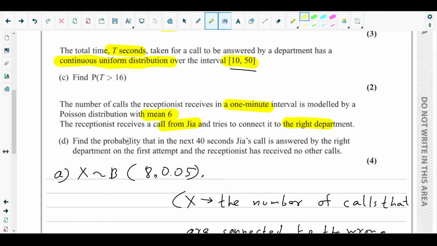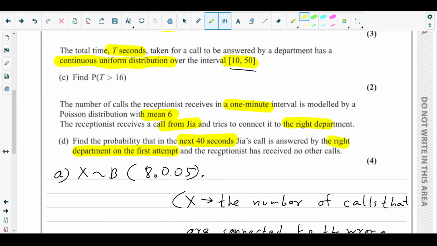Find the probability that in the next 40 seconds, Jia's call is answered by the right department on the first attempt. And look, there are 3 combinations. The call has to be answered by the department in the next 40 seconds.